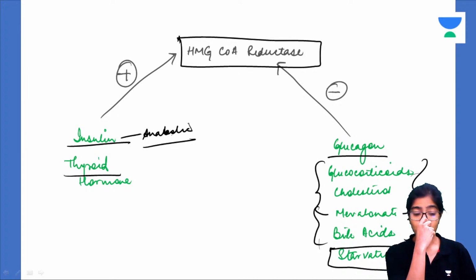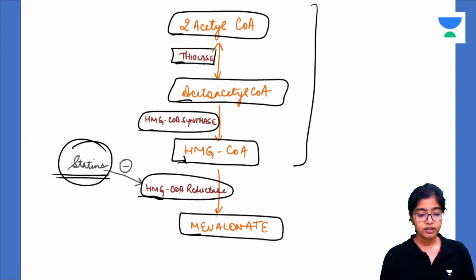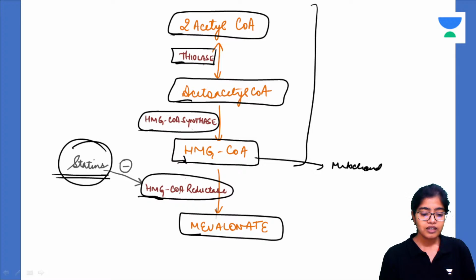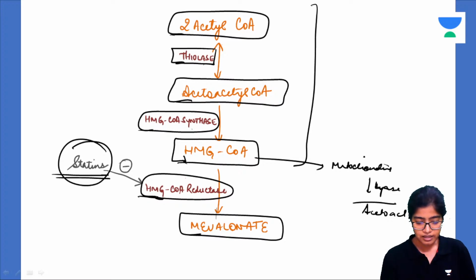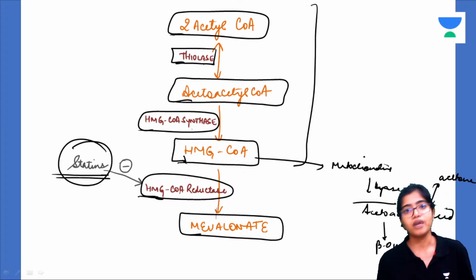And in ketogenesis, the HMG CoA here has to be shifted towards the mitochondria to be acted upon by HMG CoA lyase to produce acetoacetic acid. Then beta hydroxybutyric acid, and this can interconvert spontaneously into acetone, the third keto acid.